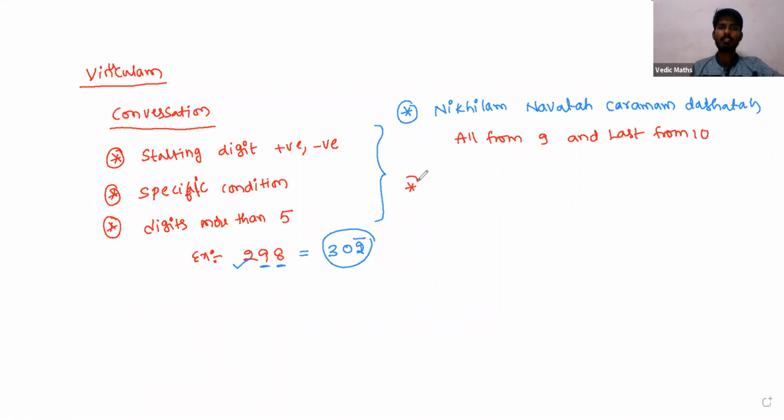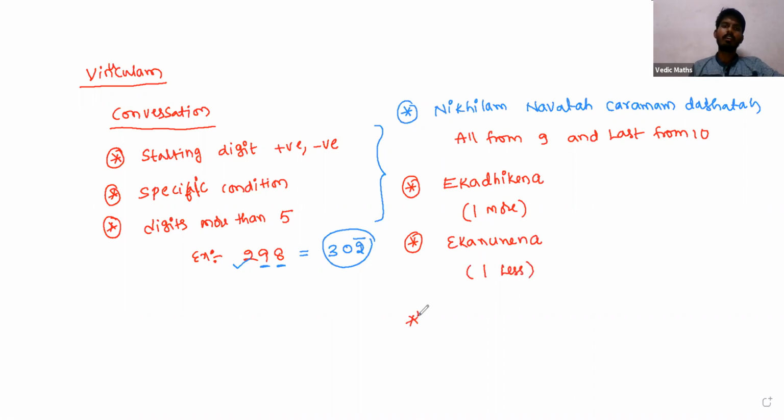And another sutra is Ekadhikena Purvena. It means one more. And another formula, Eka Nyunena, means one less.